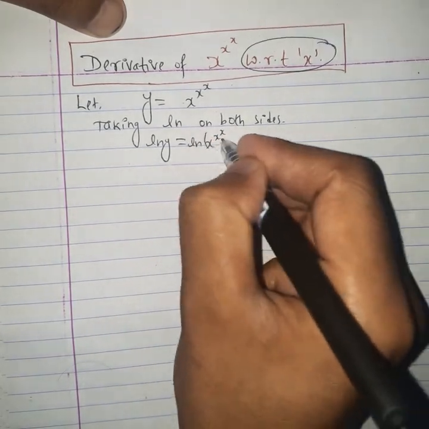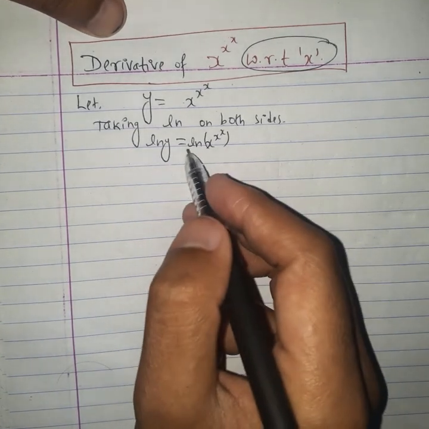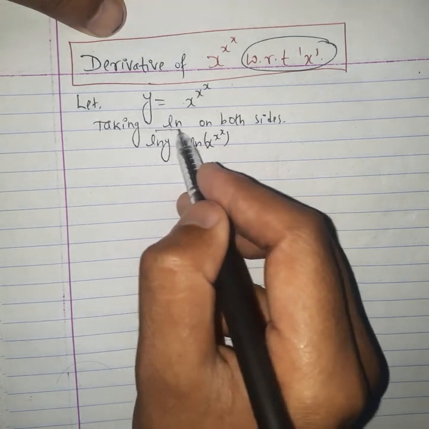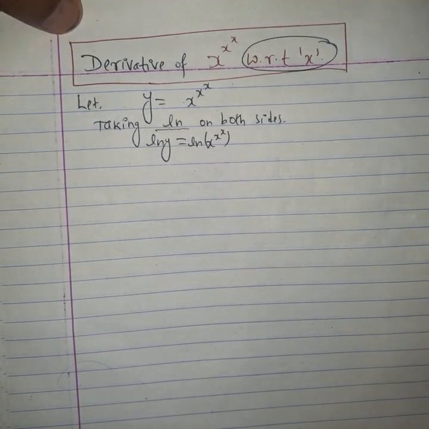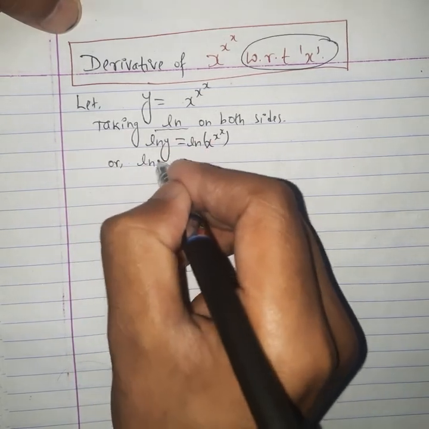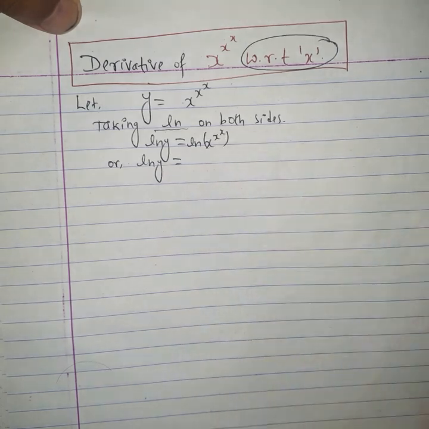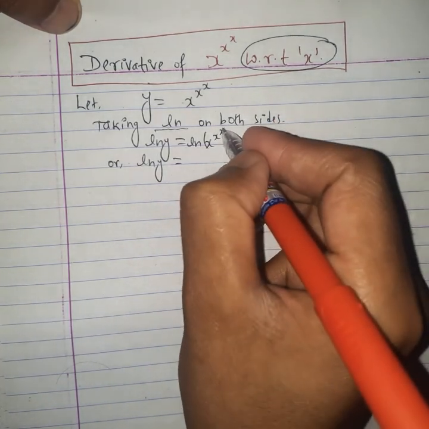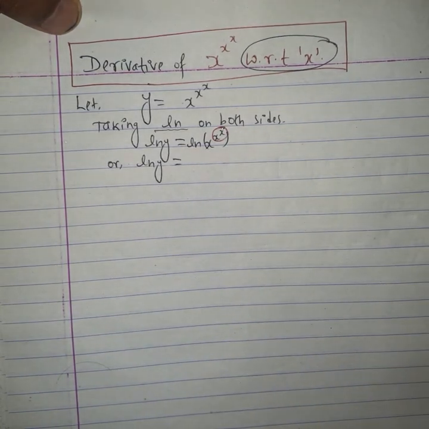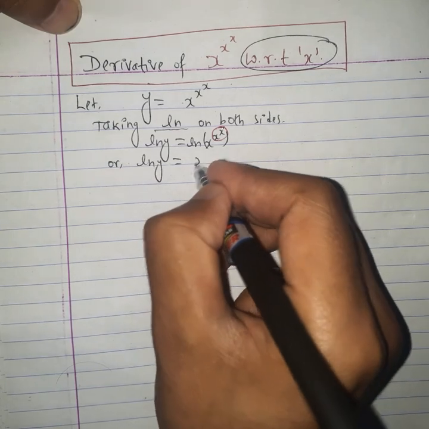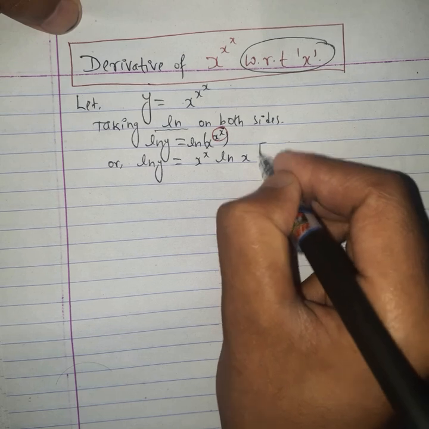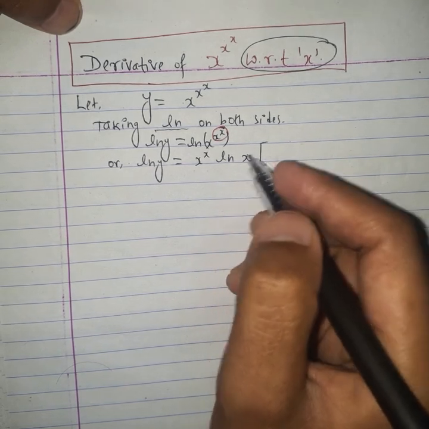In this step, we just take the natural log on both sides, and this can be further simplified as ln of y equals, using the power law here, taking x to the power of x as a power, we can drop this power, and x to the power of x is a coefficient, by using the property of the logarithm.